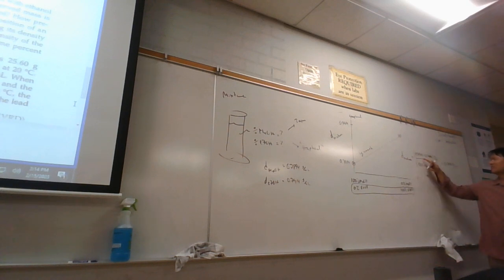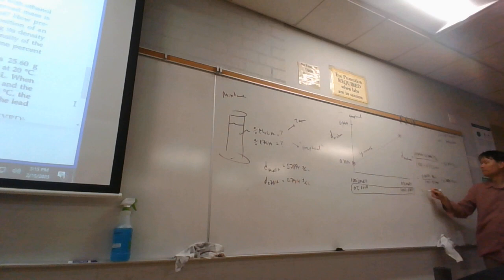All right, so let's go ahead and do this calculation. 0.7914 minus 0.7894 is going to be 0.0020. This is a difference of 20 in the last digits, grams per milliliter. 100 minus 0 is going to be 100% ethanol, plus b, 0.7894 grams per milliliter. And so this is 10 to the minus 3 divided by 10 to the minus 2, 10 to the positive 2, 10 to the minus 1.